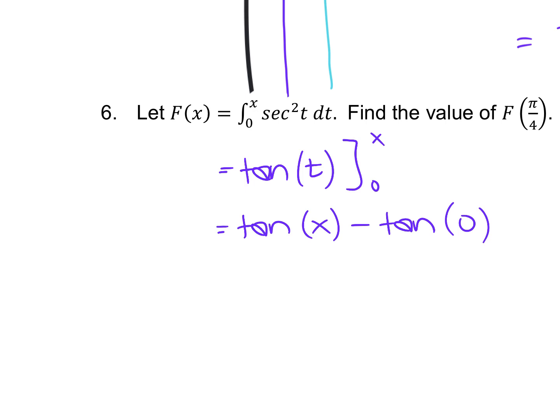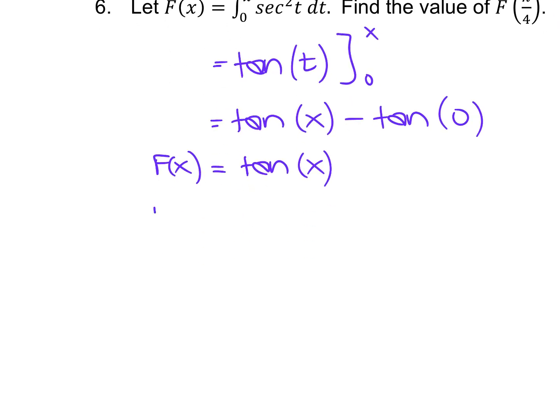Yeah. So what is the tangent at 0? 0. So really, f of x, our equation, is just what? Tangent of x. Now, can we find f of pi over 4? Sure can. F of pi over 4 means we're looking for tangent at pi over 4, which we know from our unit circle is 1. That's it. Yay.